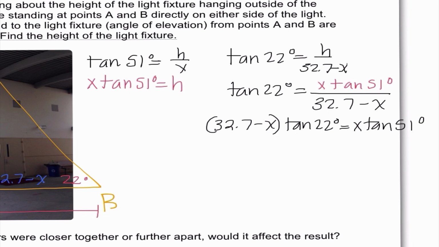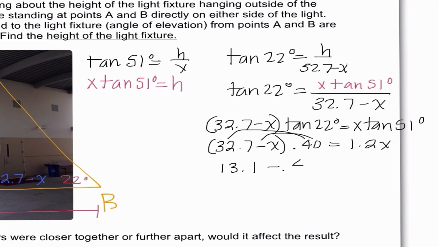And I'm going to have to figure out what these values are approximately in my calculator. So I get 32.7 minus x. The tan of 22 degrees is 0.40, and the tan of 51 degrees is approximately 1.2. So I'm going to have to distribute this value, and I get 13.1 minus 0.40x equals 1.2x.